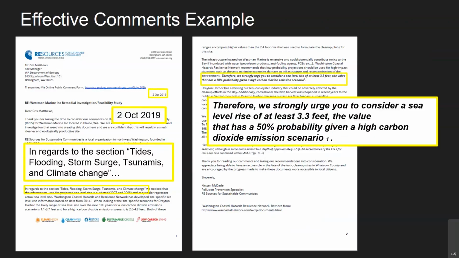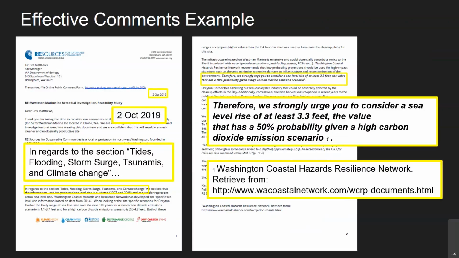Then she highlighted what her stance was, and also, as you can see with the footnote, provided where that research was coming from. Those highlights are what an effective comment can look like, and that makes the response a lot more streamlined.